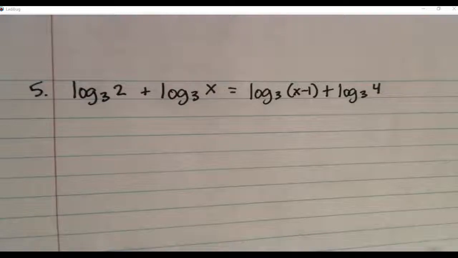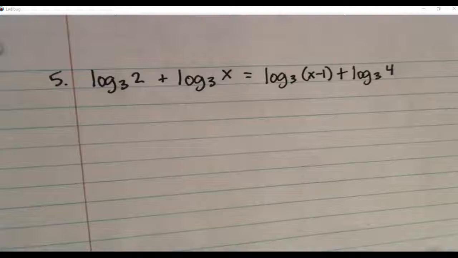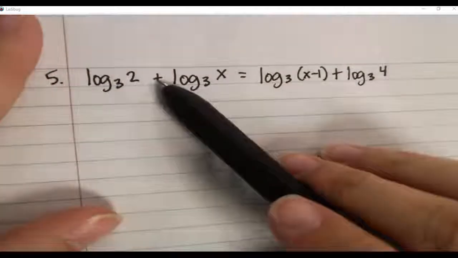So we do have logs on both sides, but we have 4 logs. So we need to get down to where we have 1 log on the left, 1 log on the right. So we have to use the rules.